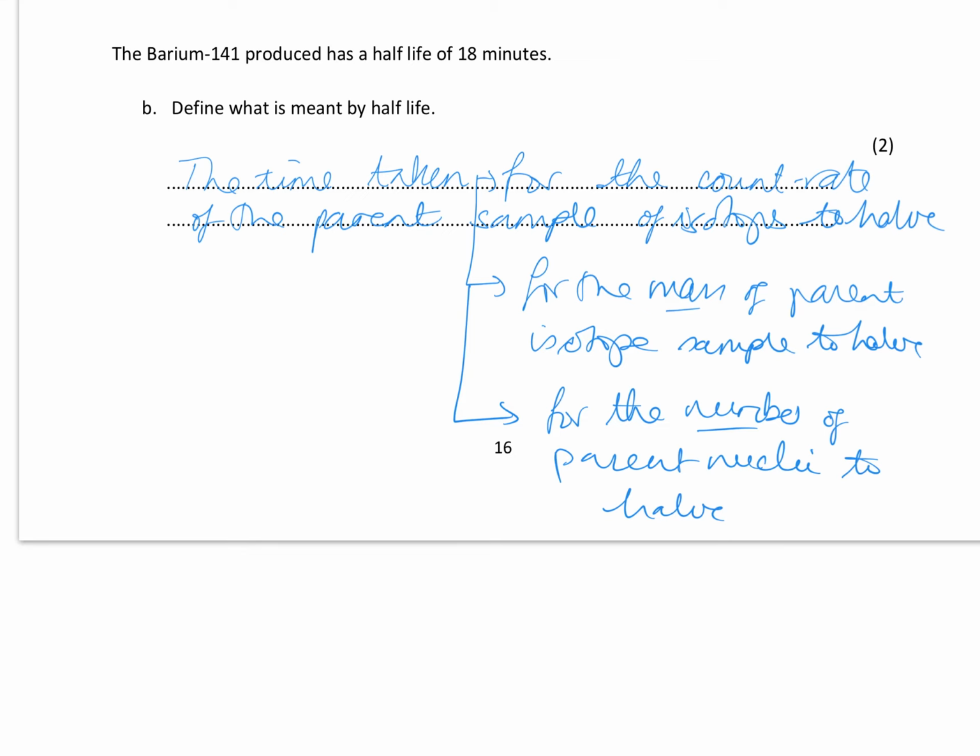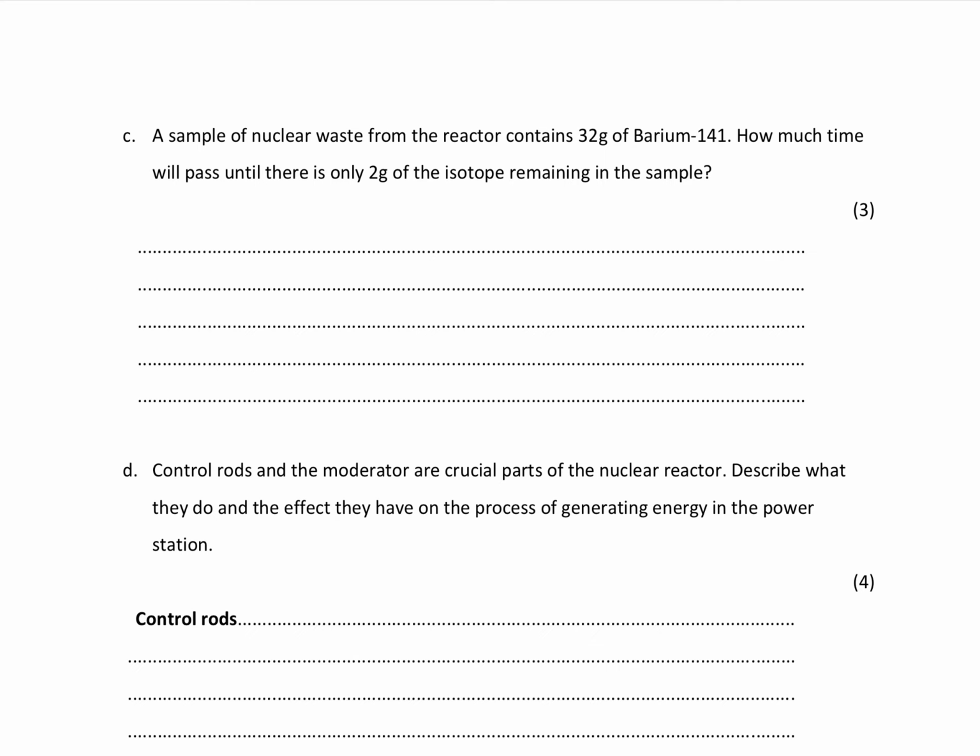So in this question here, we have a sample of nuclear waste from the reactor that contains 32 grams of barium-141. The question is, how much time will pass until there is only 2 grams of the isotope remaining in the sample?